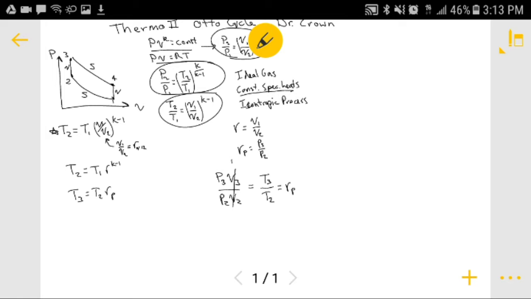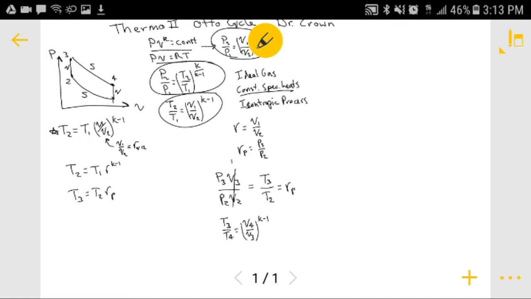Then for process 3 to 4, I have a similar equation as the first one, so I can write T3 over T4 equals V4 over V3 to the k minus 1.